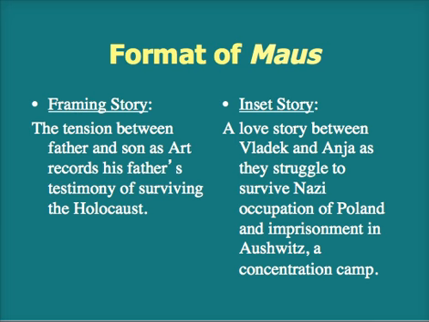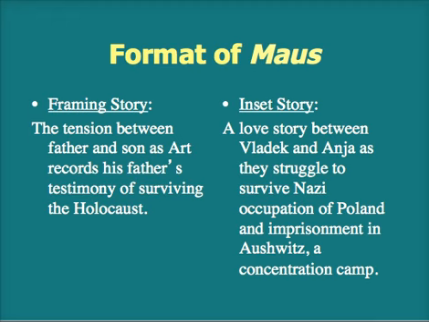In terms of the format, the structure of Mouse, you do have different time periods. The framing story is what takes place between Art and his father when he's recording his father's testimonies. Vladek is an old man at this point.